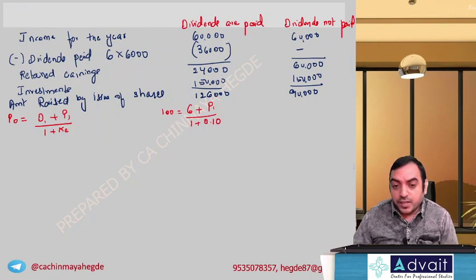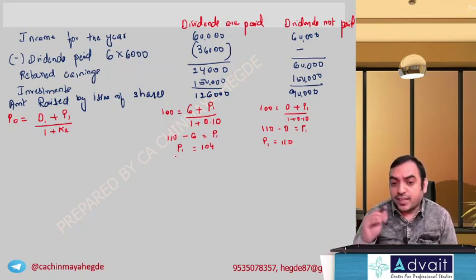Cross multiply 100 into 1.1 means 110. 6 rupees goes to left side, minus 6, that is equal to P1, or P1 equals 104. Similarly here, when dividend not paid, 100 equals 0 plus P1 by 1 plus 0.1, 100 into 1.1, which is 110, minus 0 is P1, or P1 equals 110.